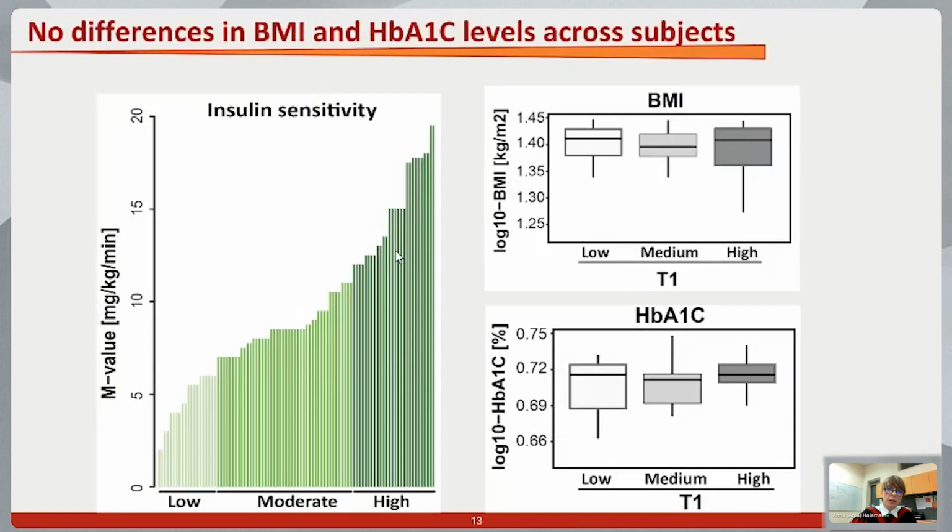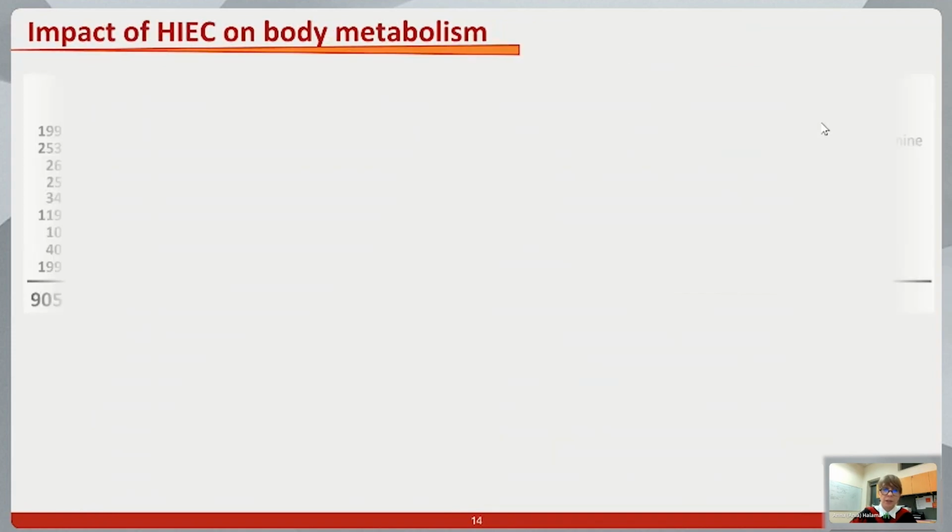This is the data coming directly from those individuals. You can see that they are indeed grouping into those 3 different insulin sensitivity levels, but those subjects are not different in BMI and also HbA1c. So this shows that based on those 2 factors, you cannot really discriminate them.